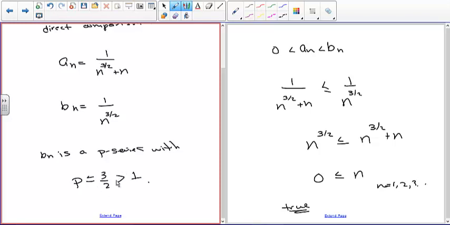And if you look at the criteria for a p-series, if p is greater than 1, which it is, this series, so b sub n, converges according to the p-series test.